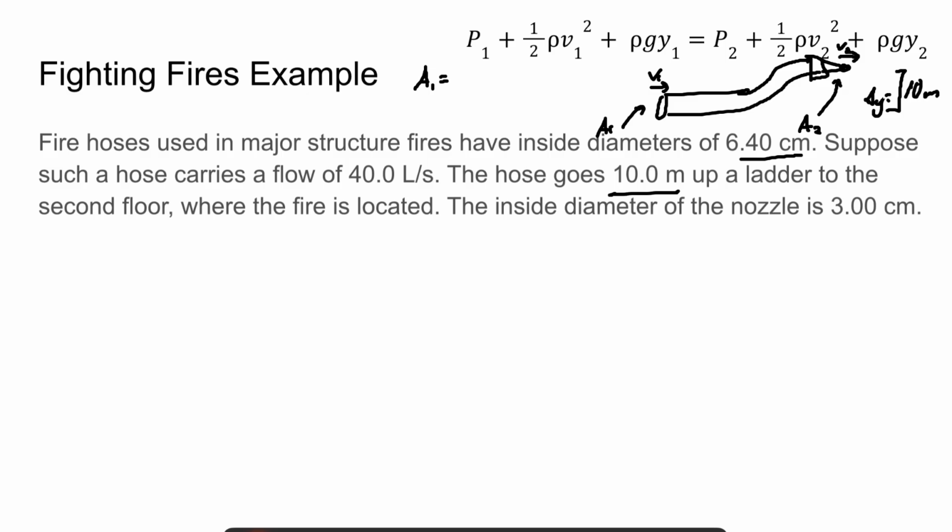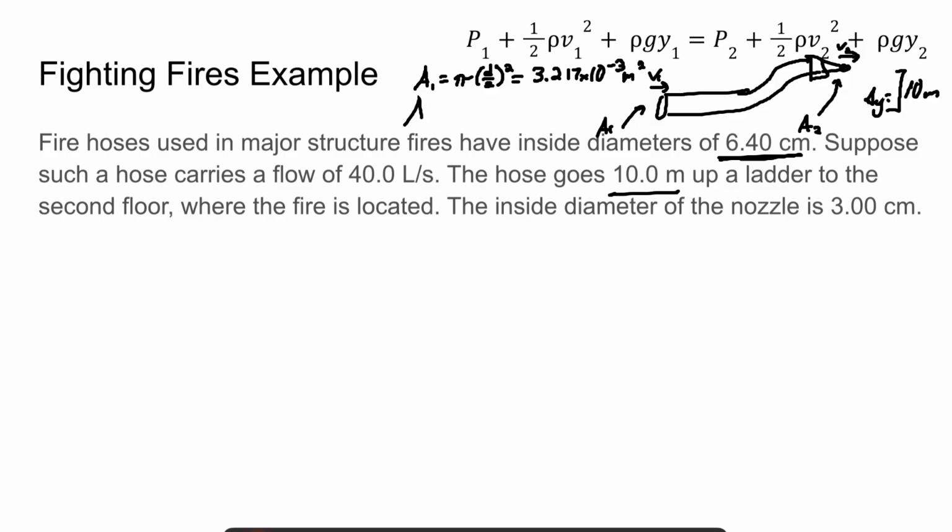So A1 is going to be pi times half the diameter squared. If our diameter inside the hose is 6.4 centimeters, that gives us an area of 3.217 times 10 to the negative third meters squared.